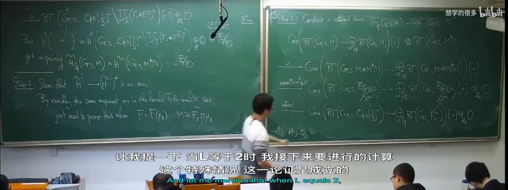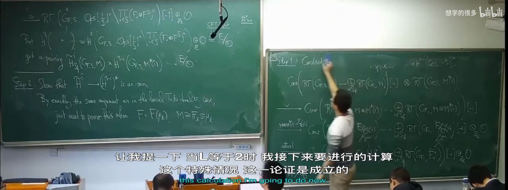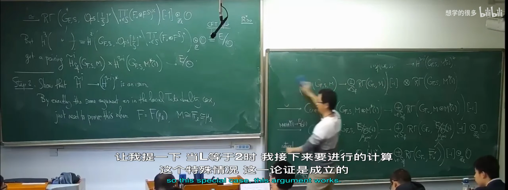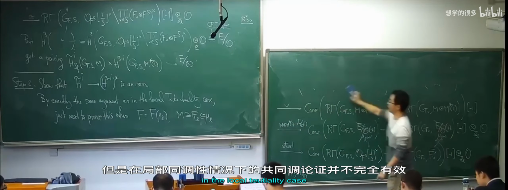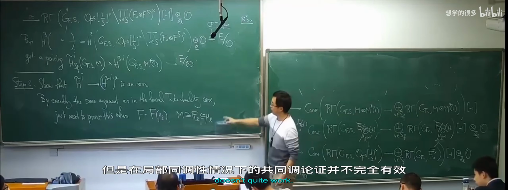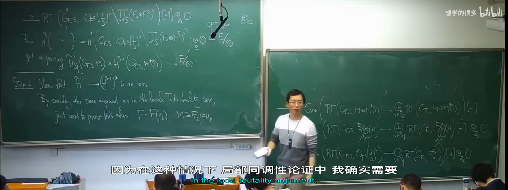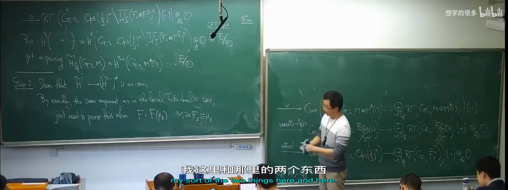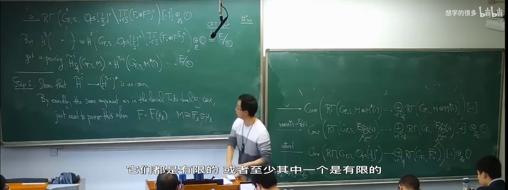Let me mention that when L equals 2, the calculation I'm going to do now, this special case, works. But the cohomological argument in the local duality case doesn't quite work. In the local duality argument, I really need the two things here and here to be bounded, or at least one of them.